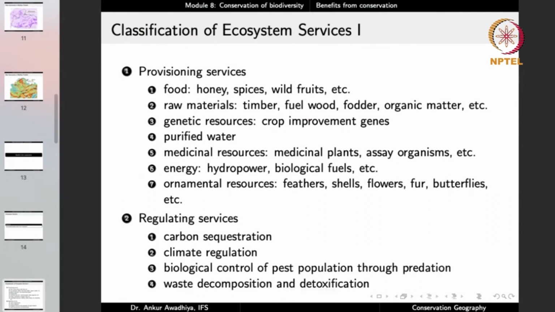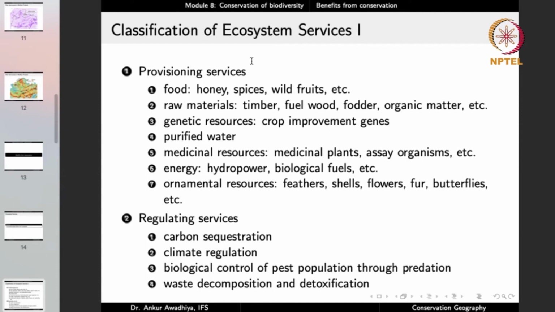So, what are these benefits? So, ecosystem services can be classified into several categories. The first is provisioning services. So, these are the services that provide something, they give something, and mostly material things. So, they provide certain materials, and because of that, we call them provisioning services.